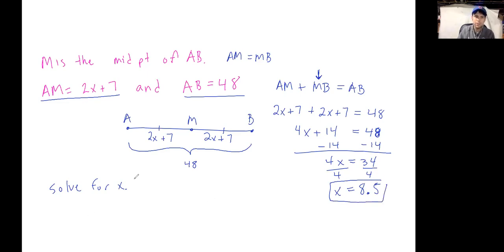I could ask to find one of the lengths, like AM or MB or AB. We could figure out what all of those lengths are now that we know x. Well, I guess we already knew AB was 48. So that one we wouldn't need to do anything because that was given to us. But I could figure out one of these and get that answer too. So there's a lot of different questions that could be asked.